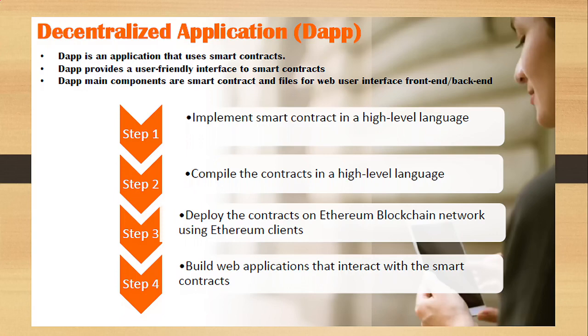Users can use the front end and developers can use the back end. So it follows some steps. Step one, you need to implement the smart contract using the high level language. You have seen JavaScript. They need to be compiled, right? Step two, you need to deploy these contracts, and then you need to develop an application that is going to decentralize, so that people can use the smart contracts.